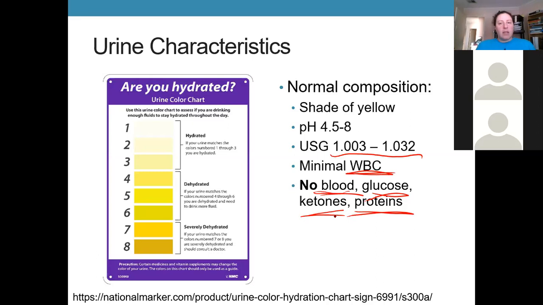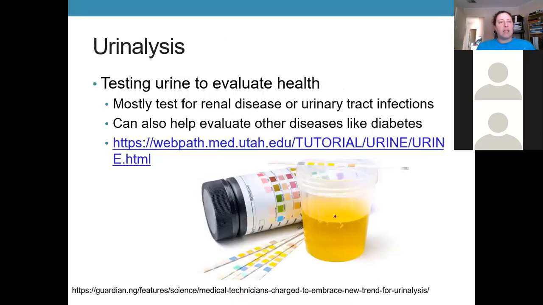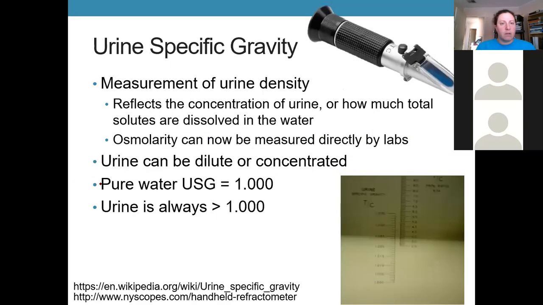And the reason why that matters is because we can, of course, test the urine for those things so that if there is some sort of problem, detecting these things in the urine can potentially point us to it, especially when the problems are in the kidneys or the rest of the urinary tract. So the process of testing urine is called urinalysis. If you're curious about that, here's a cool link on how to do it. It explains all that.